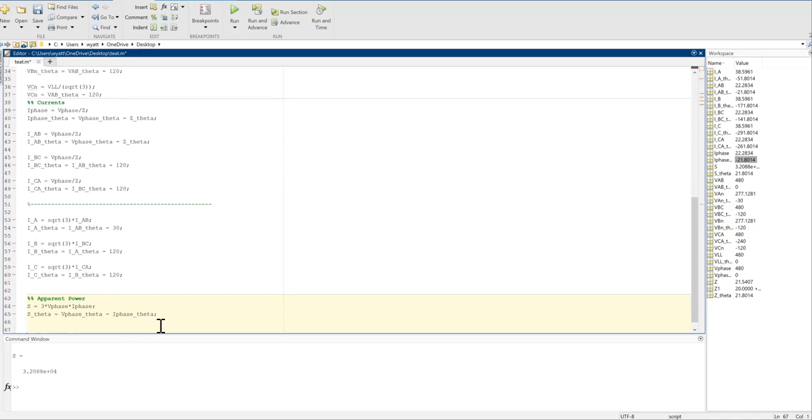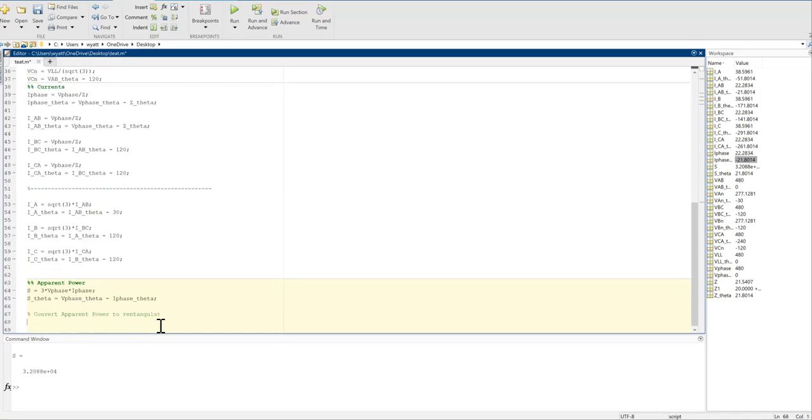We need to convert the apparent power to rectangular. Now we're going to do the opposite. We're going to just do A is equal to S times cosine D of S theta. This is cosine in degrees. If we just do cosine by itself, it will just be the radian version of S theta.